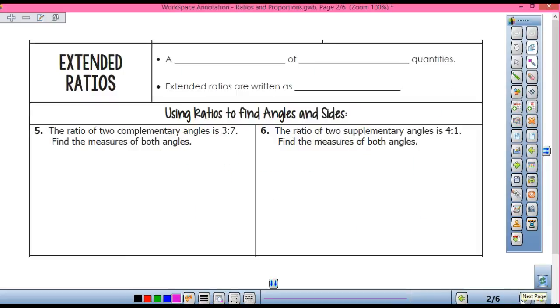All right, extended ratio. If it's extended, it's a comparison of 3 or more quantities.